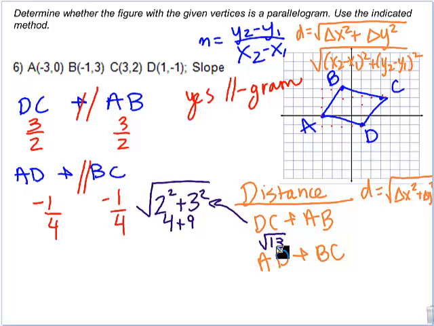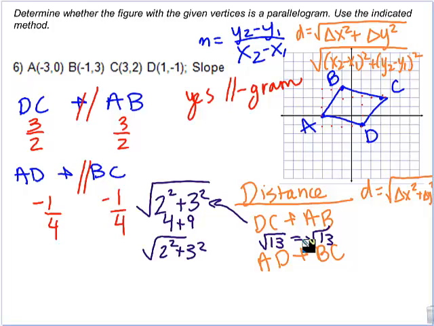Okay, A to B. So from A to B, how much do your x's change? 2. How much do your y's change? 3. So what will 2 squared plus 3 squared be? That's also the square root of 13. Those are equal. Now what would we have to do with the other set of sides? Same thing.